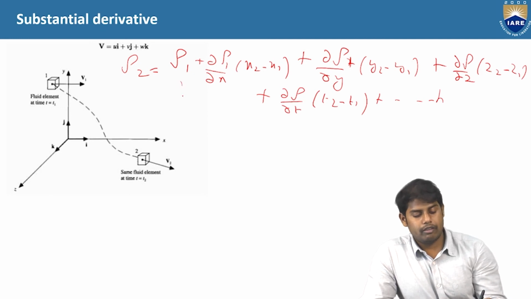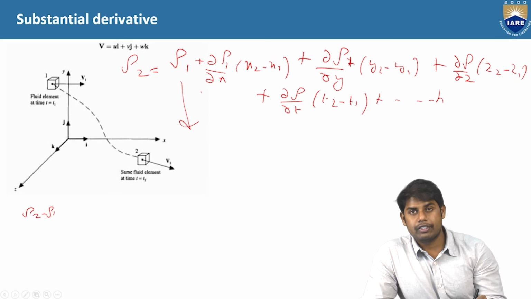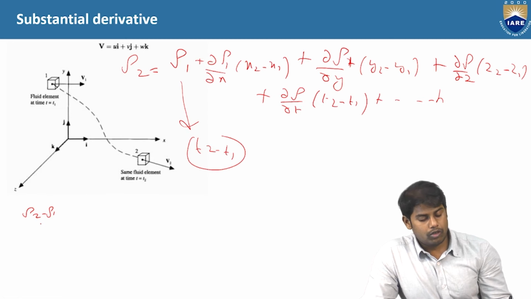So this equation we will change as ρ2 minus ρ1, and divide this equation by (t2 − t1) everywhere.